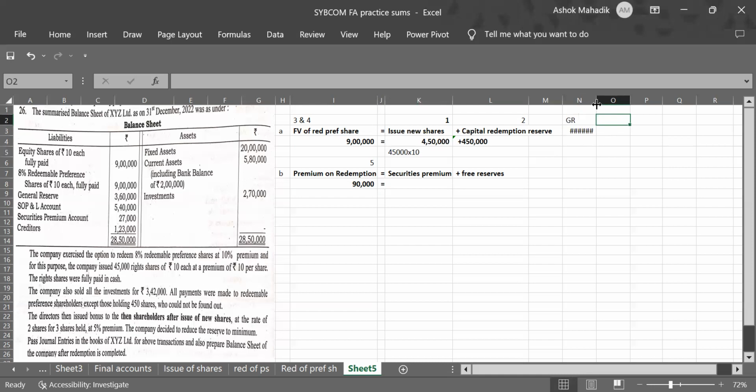P&L, we have 5,40,000. Security premium is also there, so I'll write security premium 27,000. Okay, so 3 reserves we have.